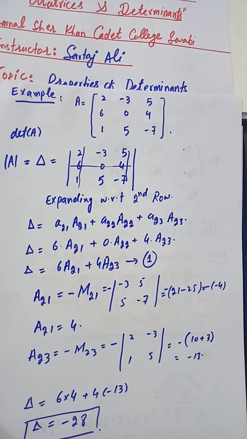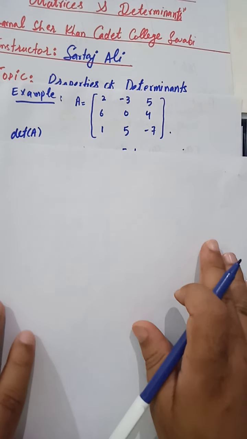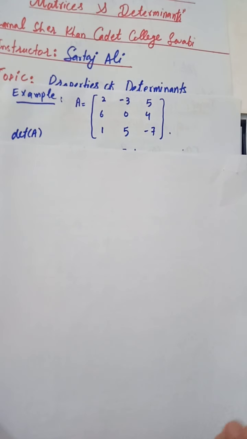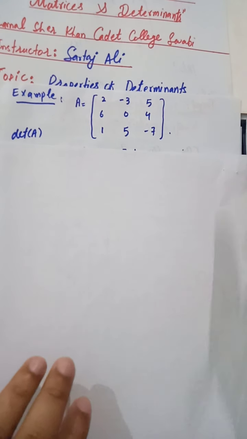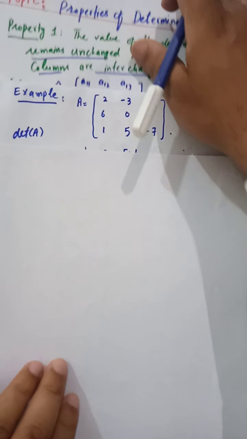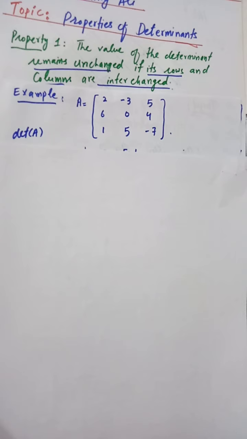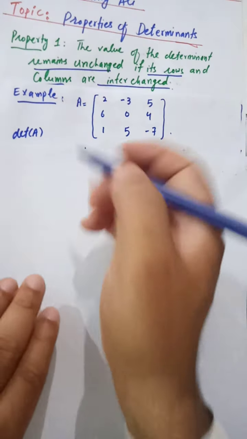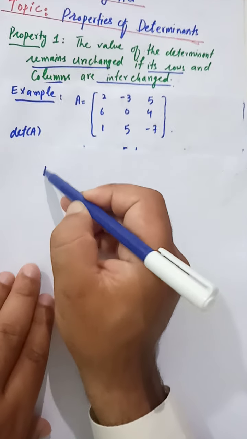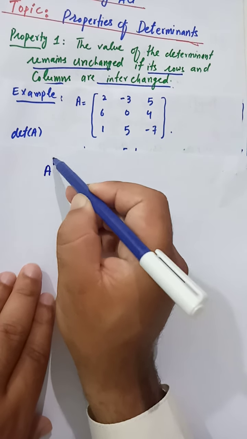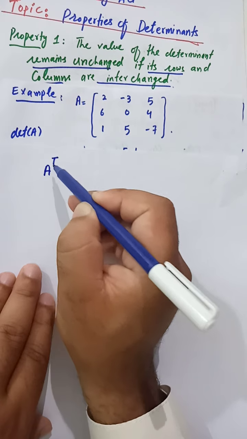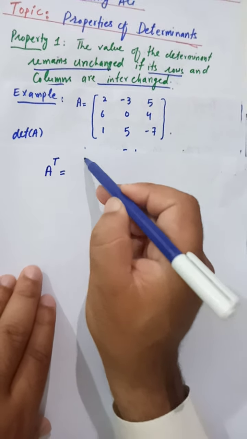Now I am taking this example for property number 1. Property number 1 says that if you interchange the rows into columns or columns into rows, the determinant will remain the same. In other words, you are taking the transpose of the matrix.